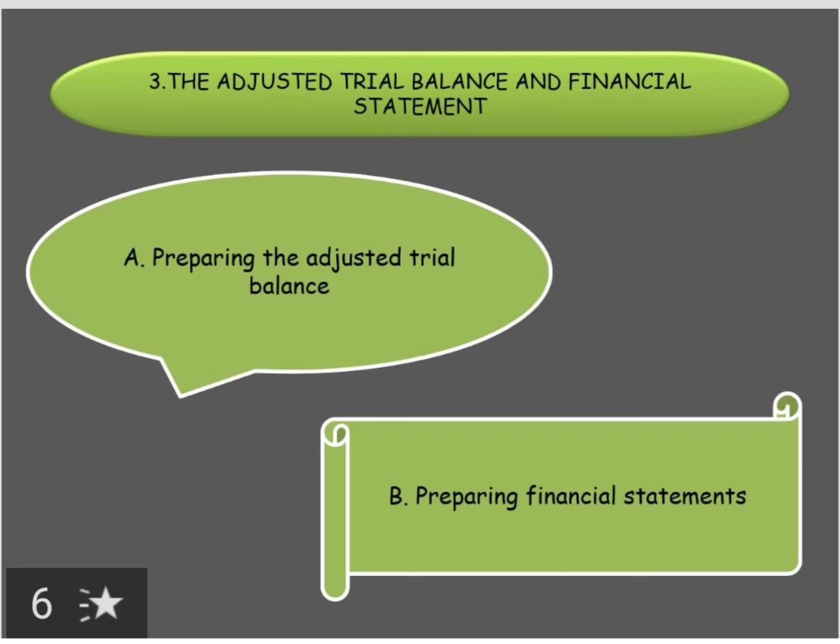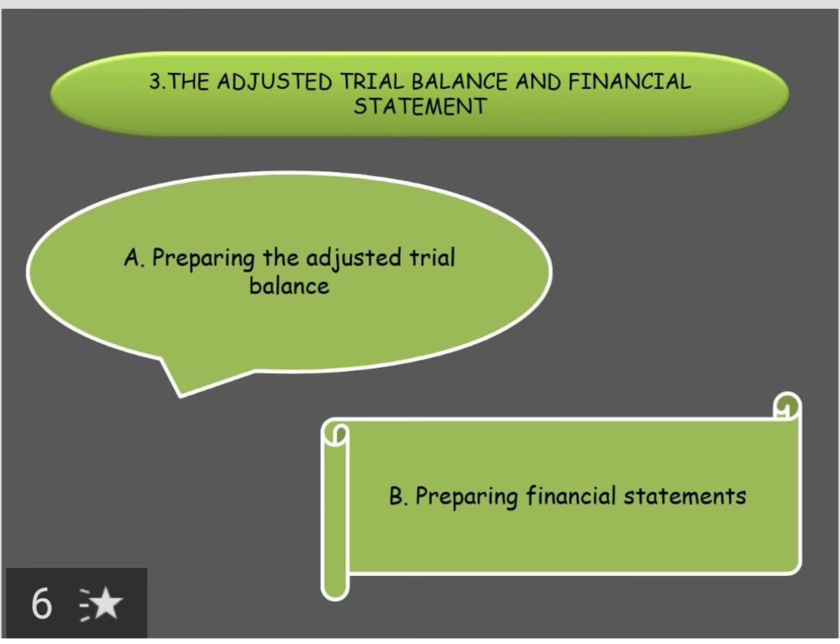A. Preparing the adjusted trial balance. In the book Illustration 3-25, you will see that three or more accounts changed in the adjusted trial balance as a result of the adjusting entries made at the end of the month. B. Preparing financial statements.